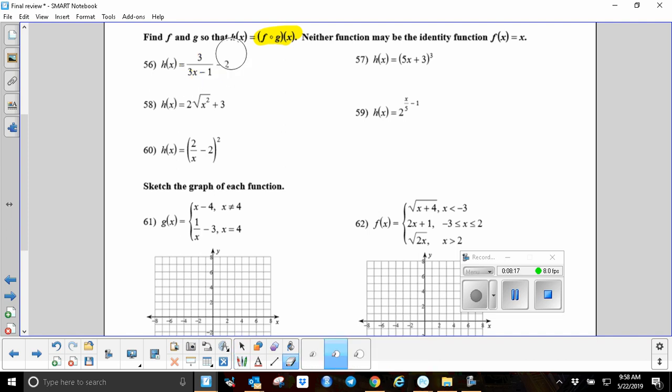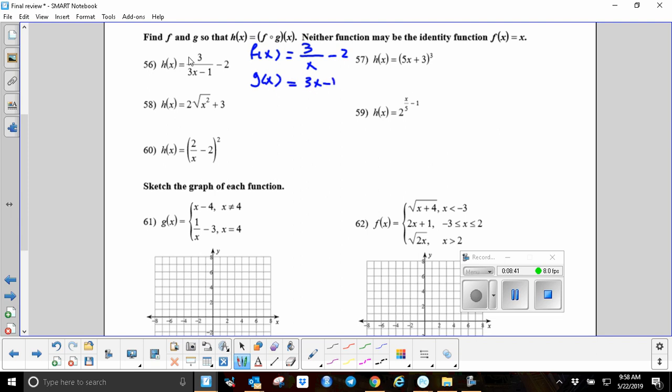What I'm going to do, obviously, if you look, I can turn this into 2 functions. One of them would be f of x, which is 3x over x minus 2. Another one is g of x, which is 3x minus 1.